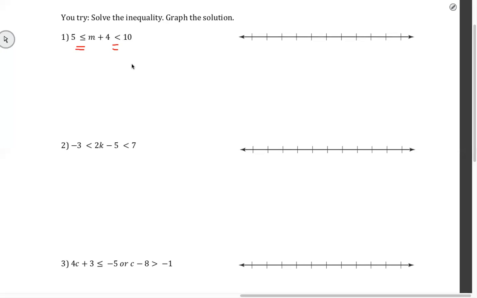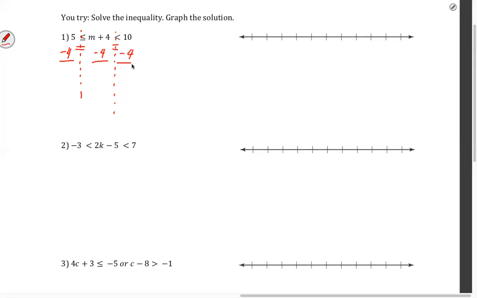So if you look at yours, and this is kind of a teacher trick to see if you're right or wrong, I'm going to look to see if you have a closed circle and an open circle. And if you have two open circles or maybe two closed circles, I know you went wrong somewhere. So be aware of that. Now, in moving forward, I'm going to look to get rid of that +4, so I subtract it.